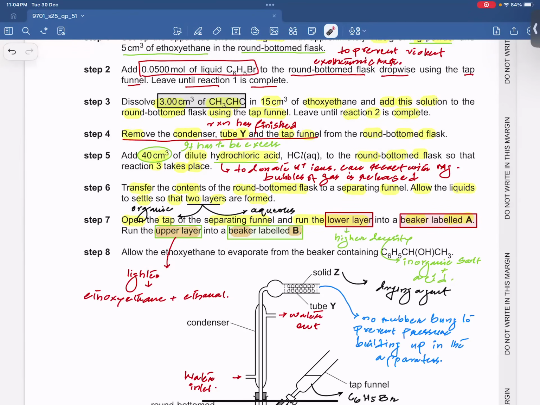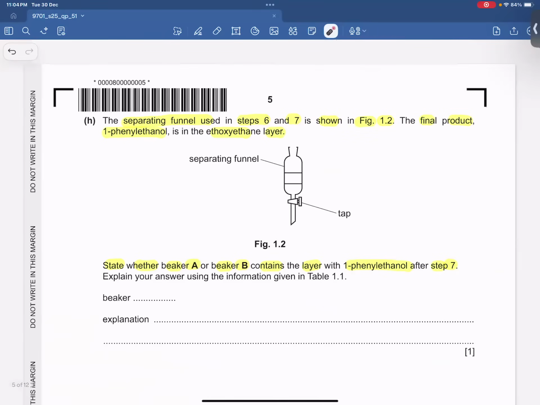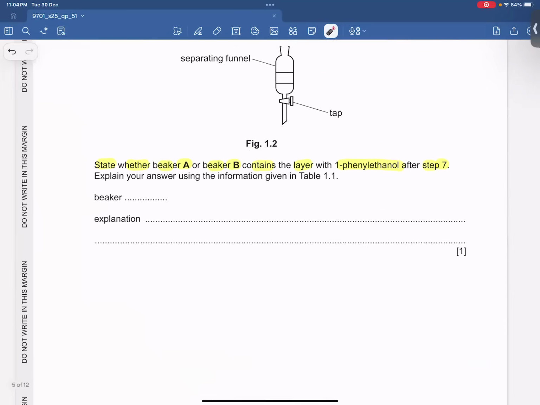I think the examiner is looking at which beaker, A or B, contains the organic layer and 1-phenylethanol. So I think beaker B contains this layer. I'm going to write beaker B.